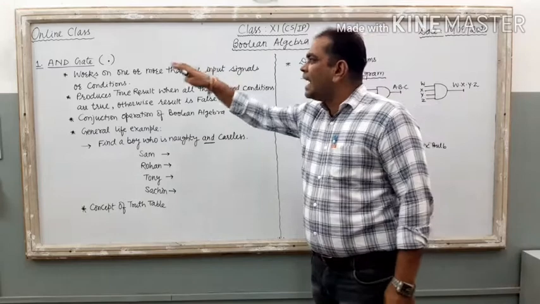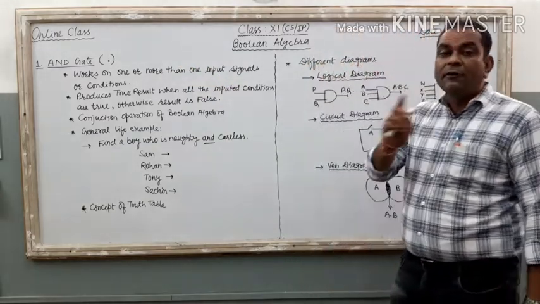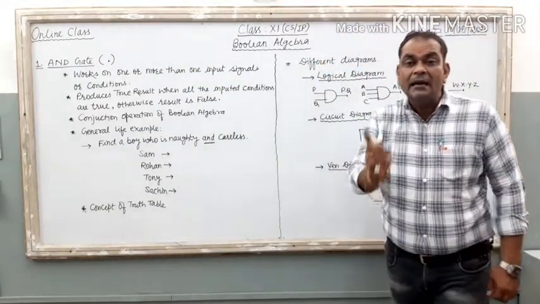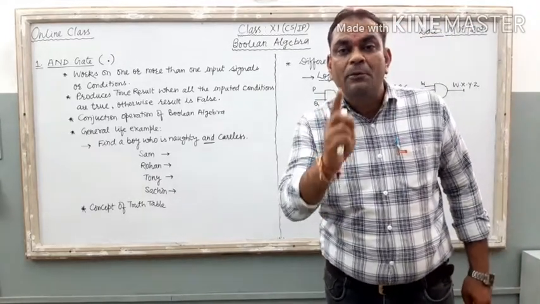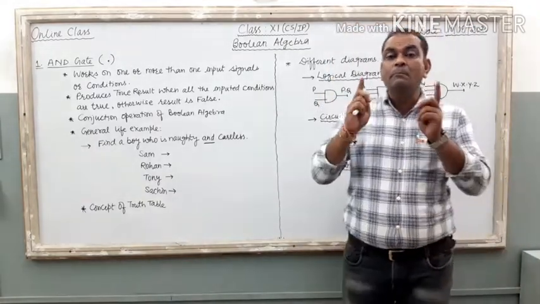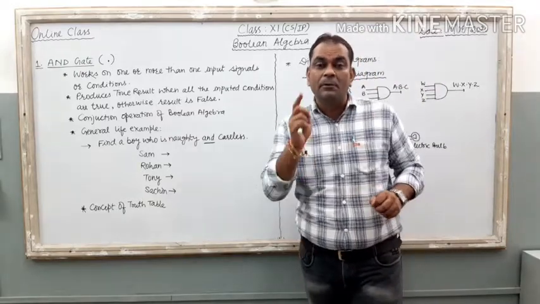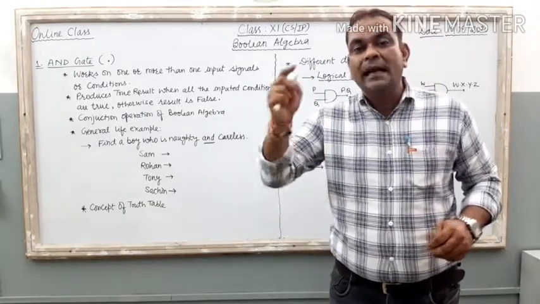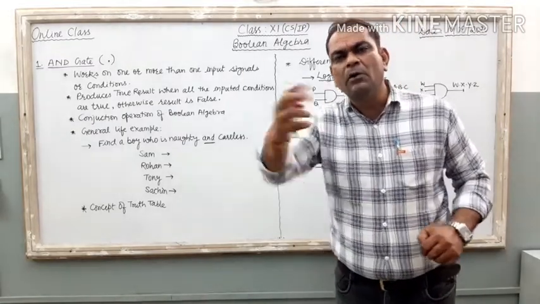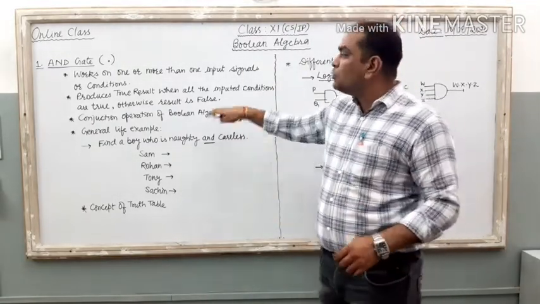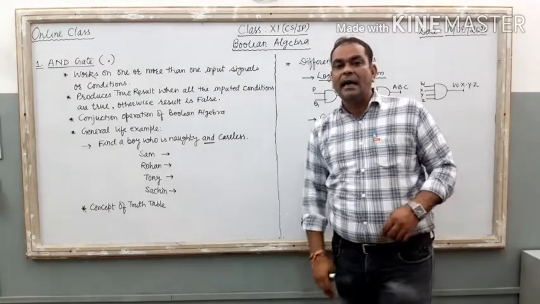So, what is the AND gate? The very first thing: the AND gate works on one or more than one input signals. Here, input signals means input conditions. We can supply one or more than one input conditions to this specific AND gate, right?